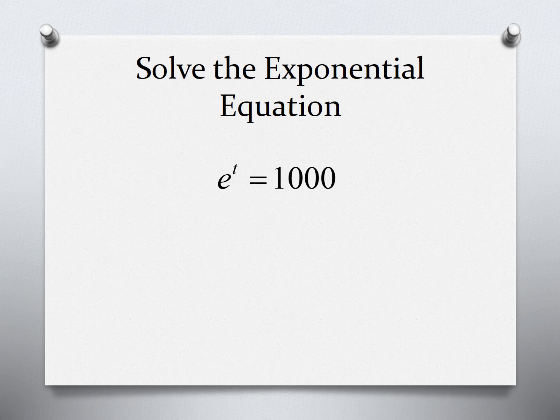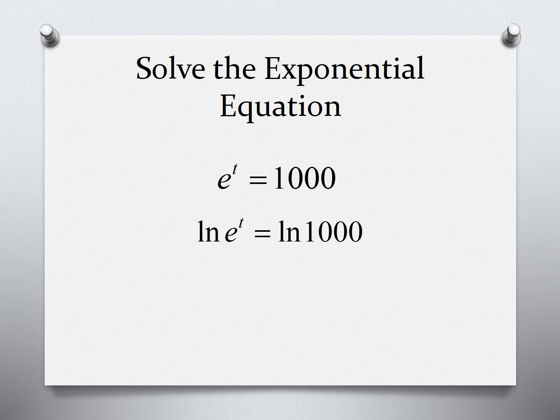In this example, we're given e raised to the t is 1,000. Again, we can't really switch the bases here. There's nothing much we can do except rely on the properties, in this case, of the natural log. So we're going to go with ln, and you'll see the beauty of this in just a minute. Whenever we see e raised to the t, or we're dealing with the number e, remember the number e is actually a constant, but when we're dealing with it, we enact the properties of natural logs.